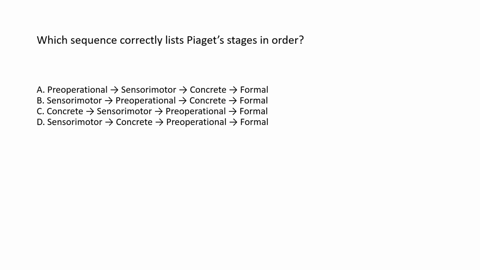So looking at this, our answer will be option B, right? Okay, we are right. So sensorimotor, pre-operational, concrete, and then formal. Option B will be the answer. Take note.